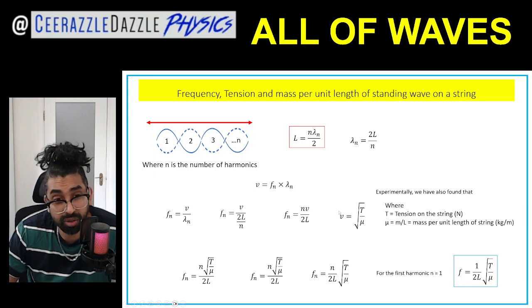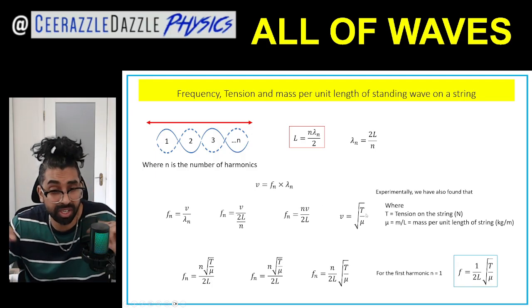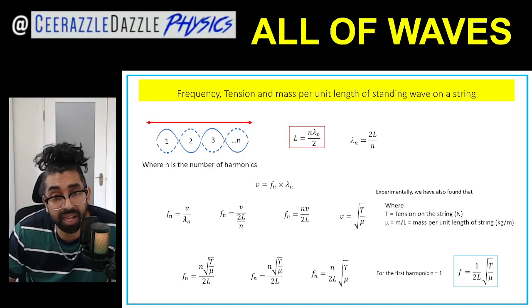Now, the velocity of the wave will be related to the tension in that string, the tension in the string that's moving, divided by the mass per unit length. So if you were to measure the mass of that rope, yes, divided by the length of the rope, that will give us the quantity mu, which is going to be m over L, that one over there. So now if I was to plug that into this equation, f of n is equal to n root T over mu divided by 2L.